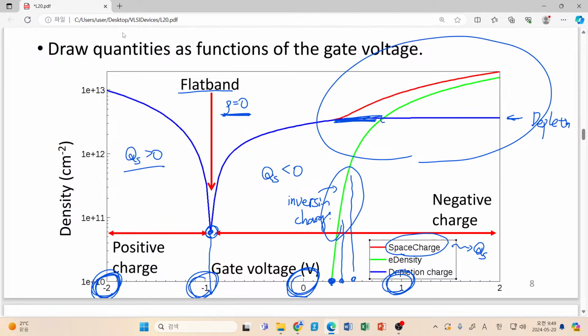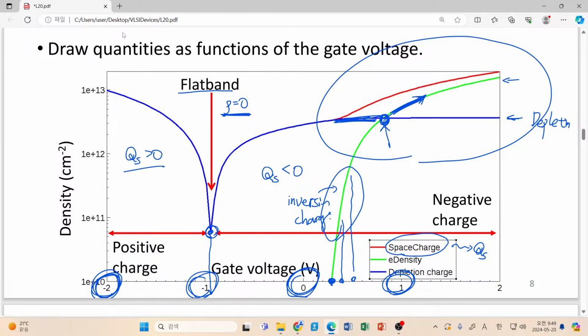However, please have a look at this point. This is the point where the contributions of depletion and inversion electrons become comparable, and beyond this point, almost all of the additional charge is supplied just by inversion electrons.